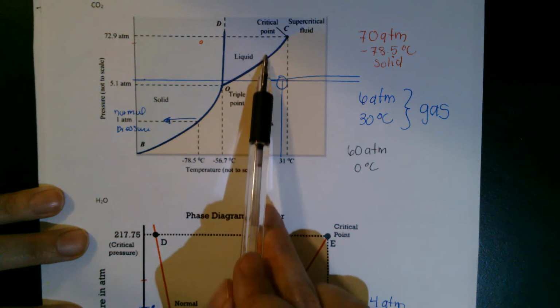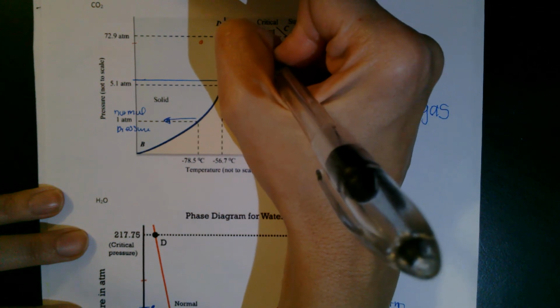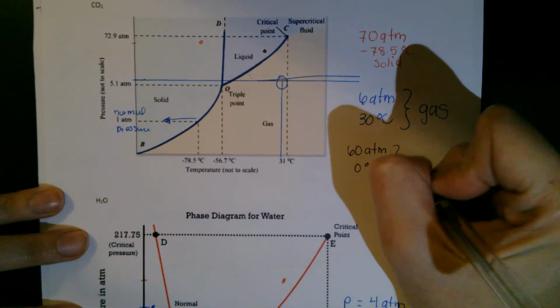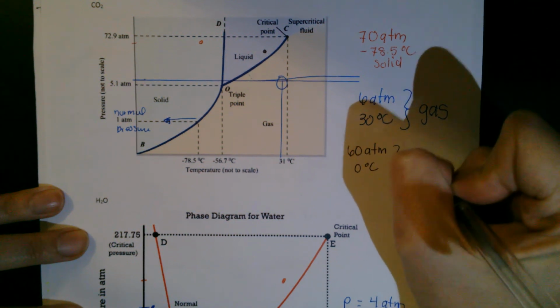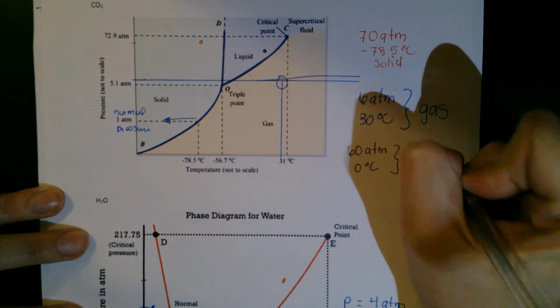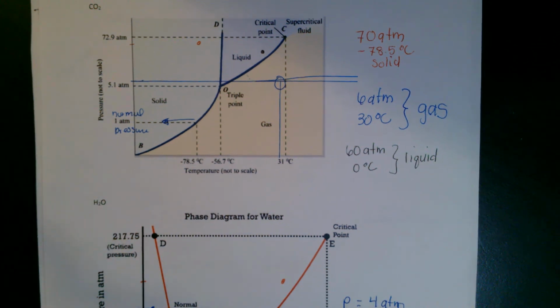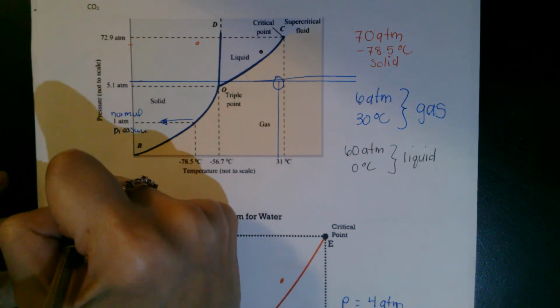So we'll take 0 up to somewhere in the 60s. I'm guessing this dot is somewhere over here. So here we would expect this one to be in the liquid phase. Okay, also with these, you can also have them be read at what temperature? So, one more.